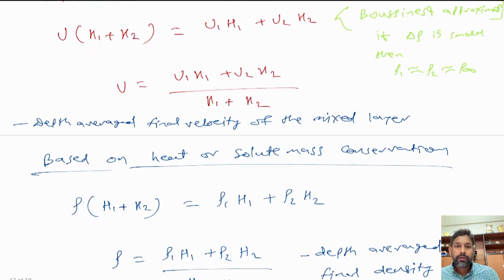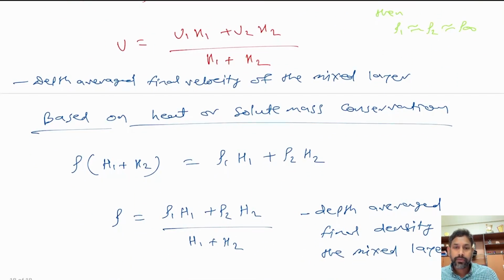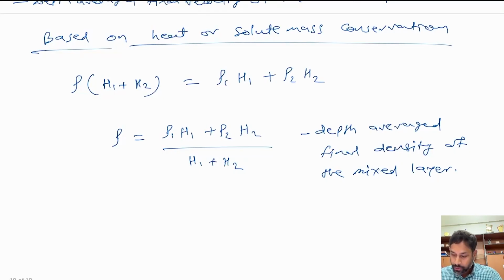All right, so we have now defined final velocity and density. So we can now find out the kinetic energy and potential energy of the system before and after the mixing. So let's start by finding kinetic energy.